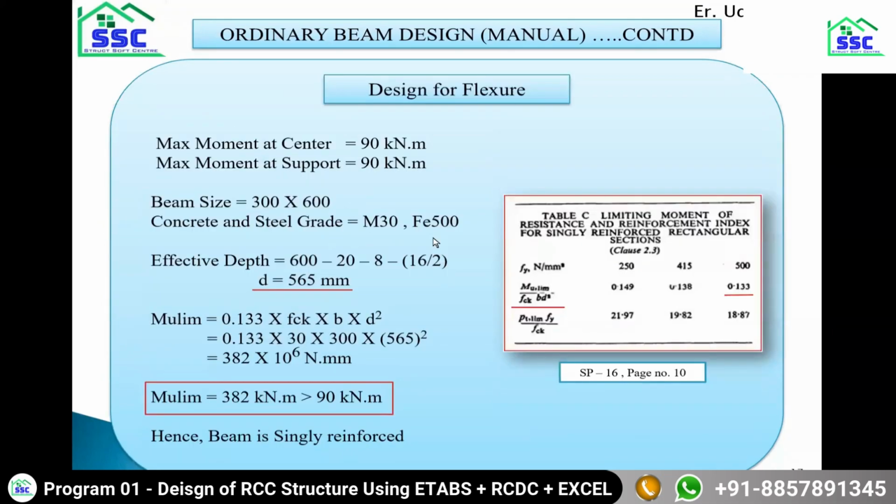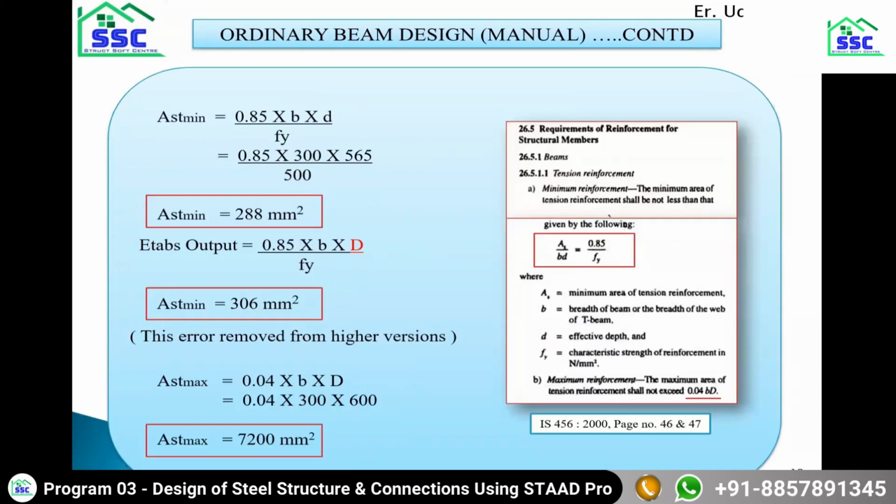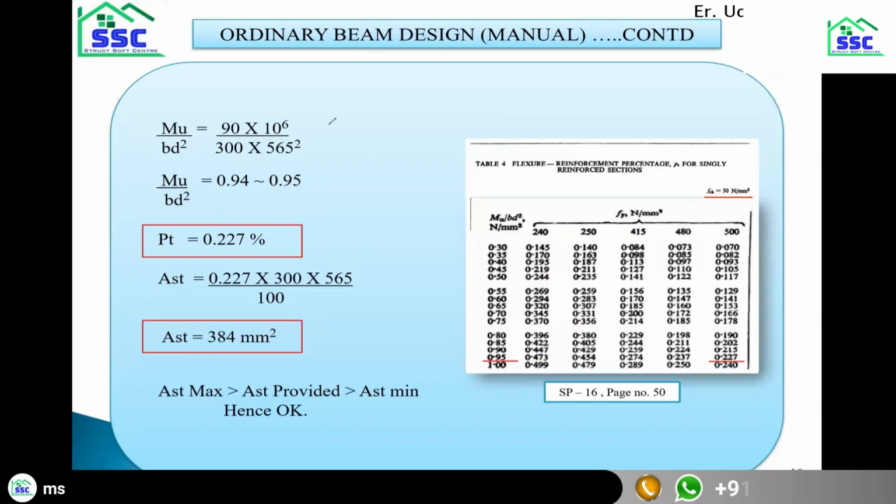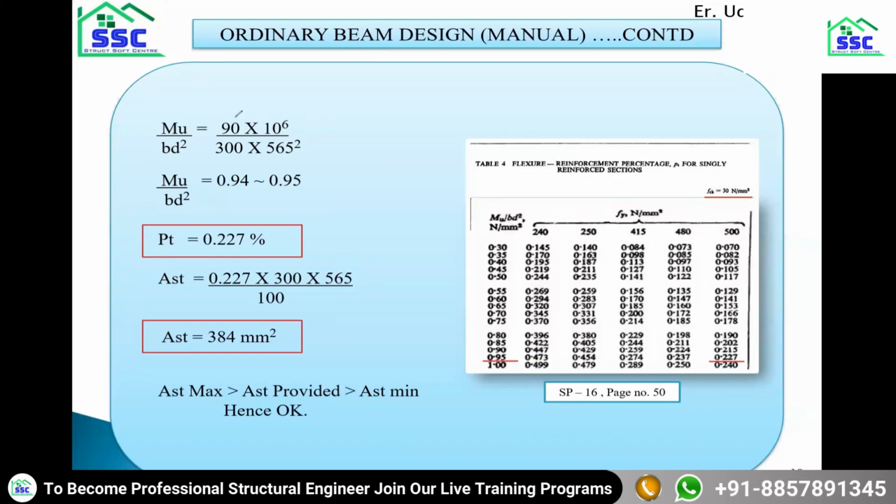So our actual design bending moment was 90 kilonewton meter. Until now, we have not calculated the reinforcement required for this value of 90 kilonewton meter. We have just calculated the minimum and maximum area of steel. So now we will calculate the actual AST required for our bending moment of 90 kilonewton meter.